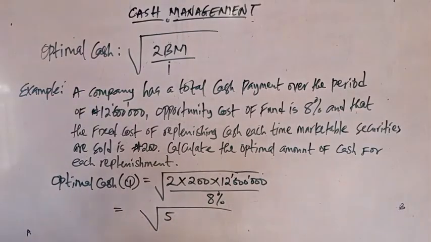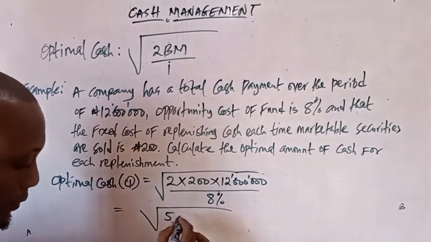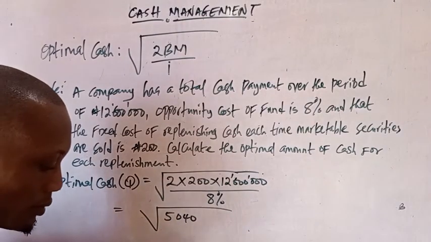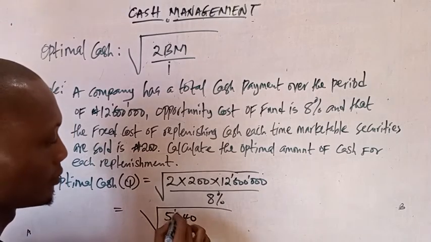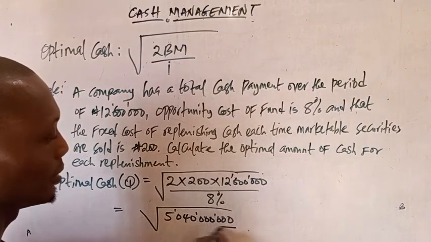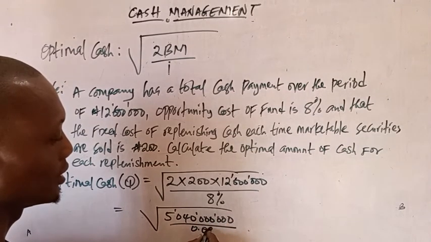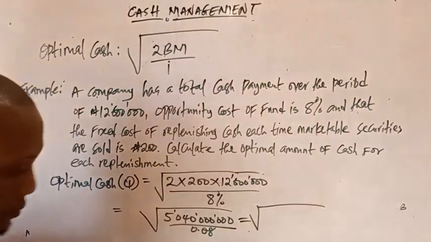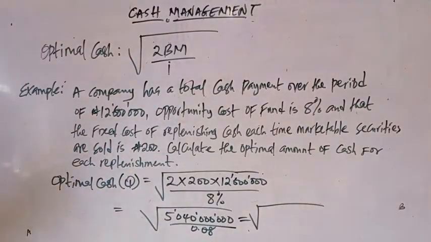Okay, let me just do it direct. 5,040,000,000, divided by 0.08. This one will now give us the answer.